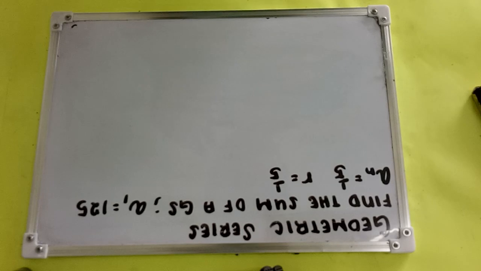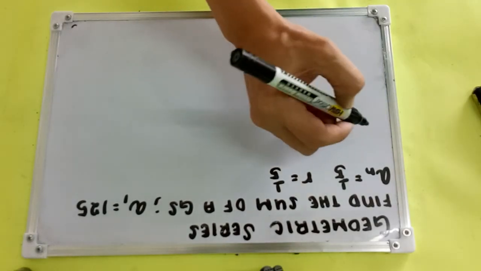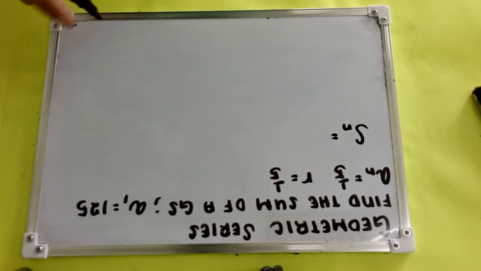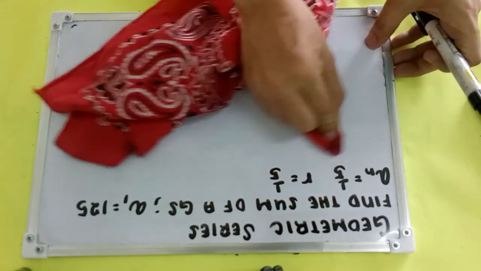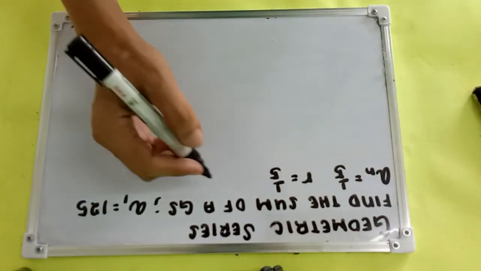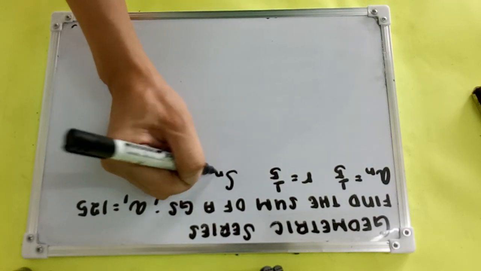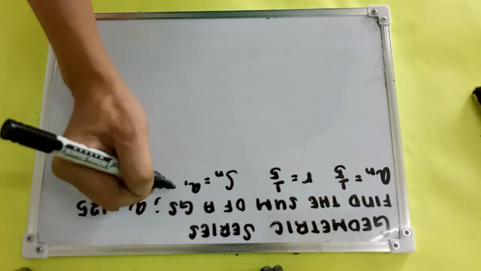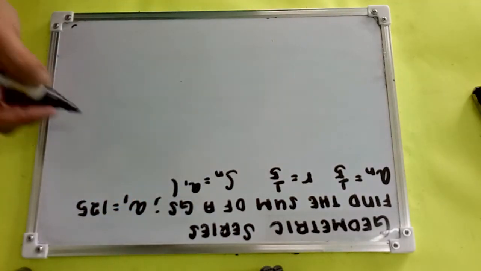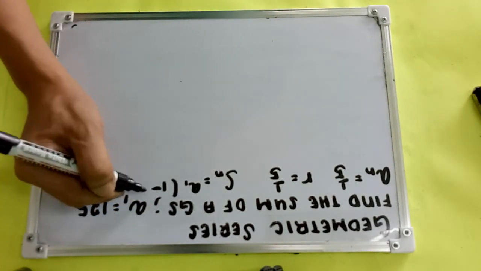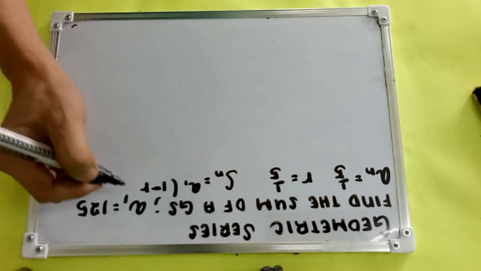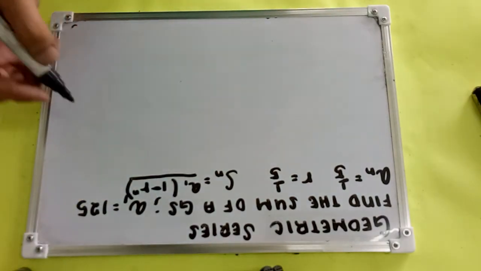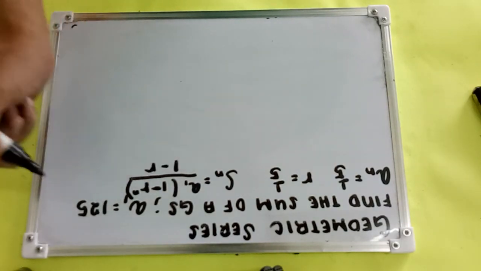So the first is S sub n is equal to a sub 1 multiply by 1 minus r raised to n, all over 1 minus r.